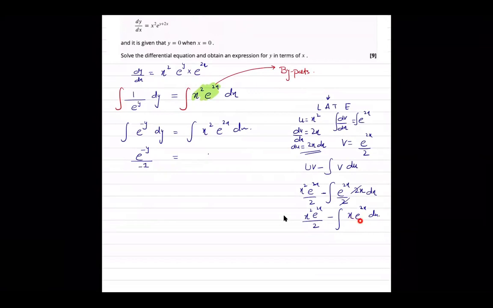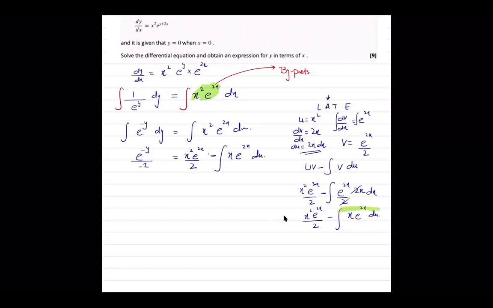Can I solve this using by parts again? Right. Okay, so you're going to use by parts again. I'm going to note down the working over here. x square e to the power of 2x upon 2 minus the integral of x e to the power of 2x dx.